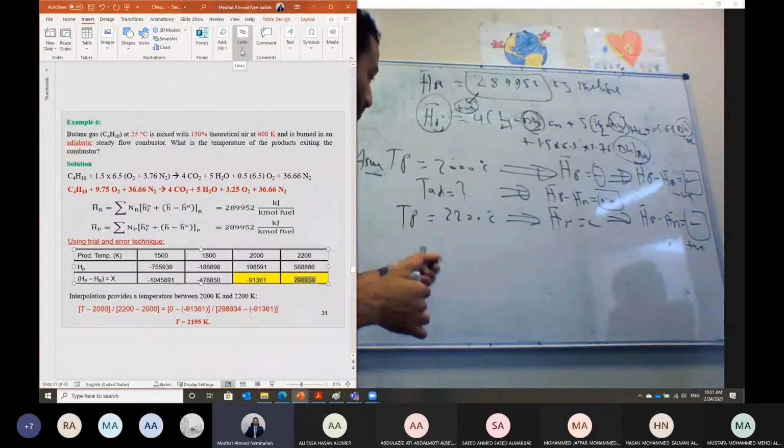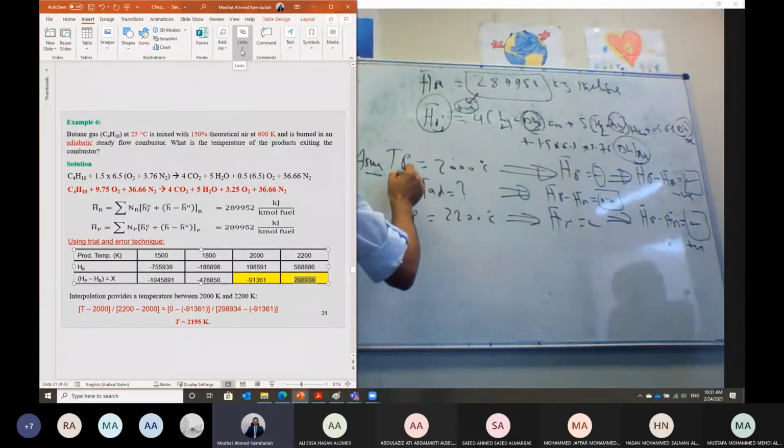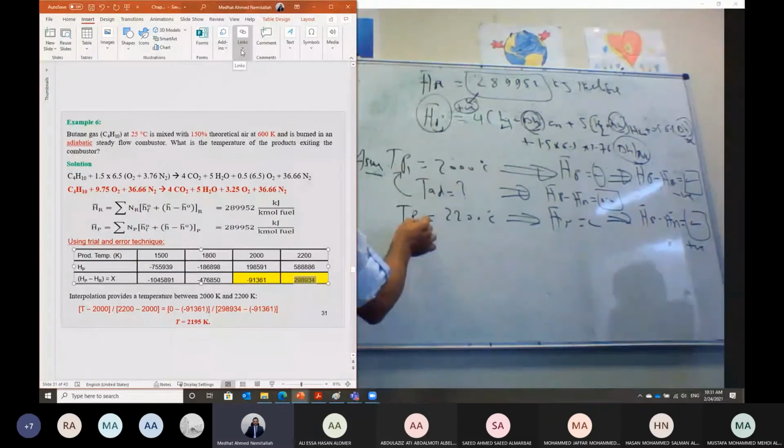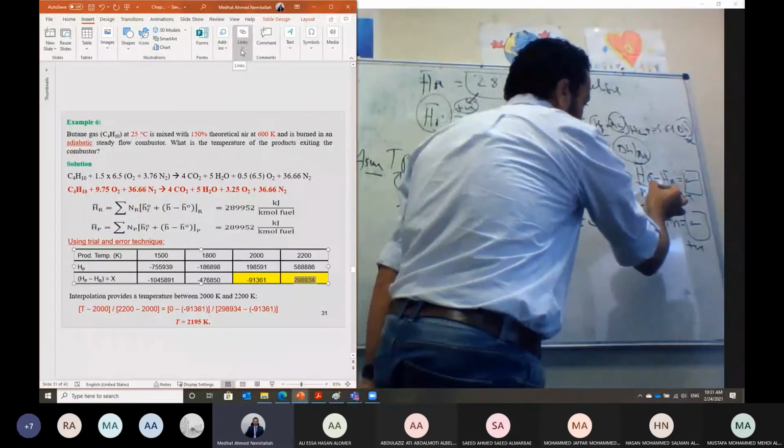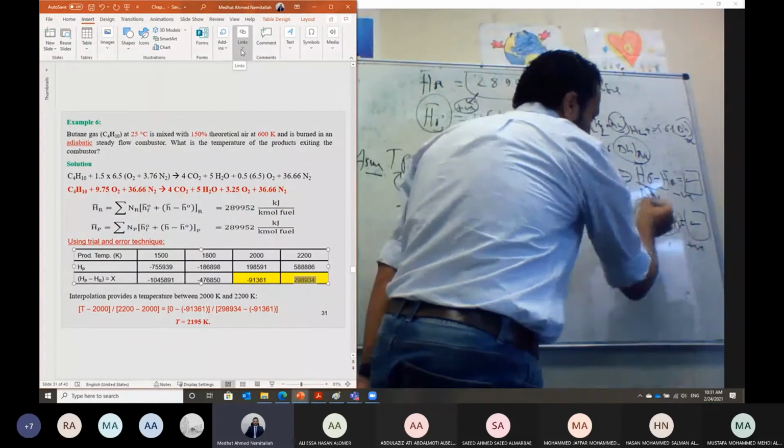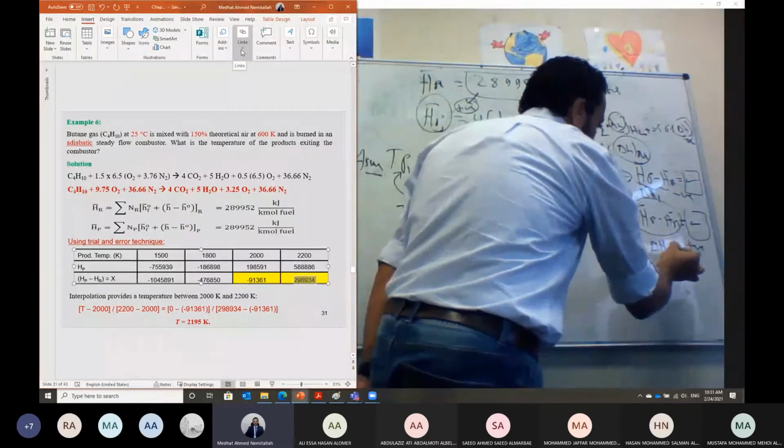Can we do interpolation, Shabab? So we can say this is T product 1 and this is T product 2. And let's say H product minus H reactant, this is delta H1, and this we will call delta H2.